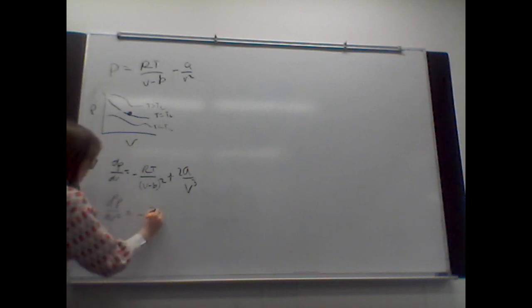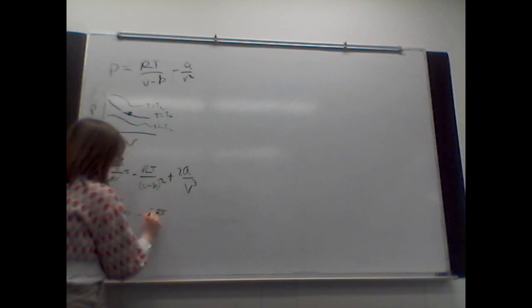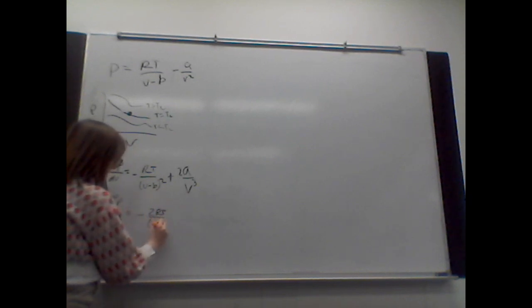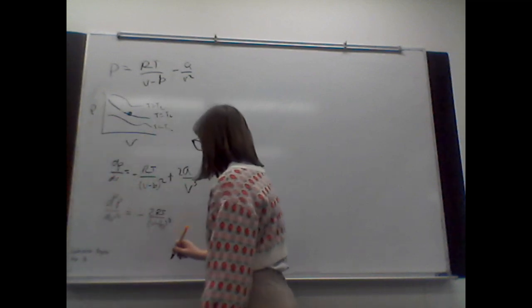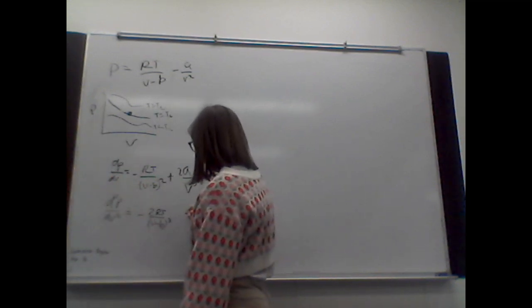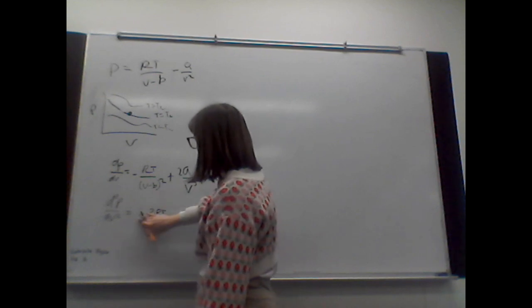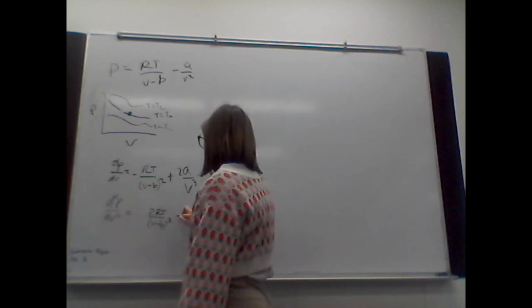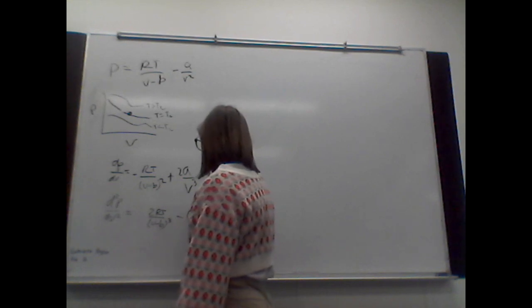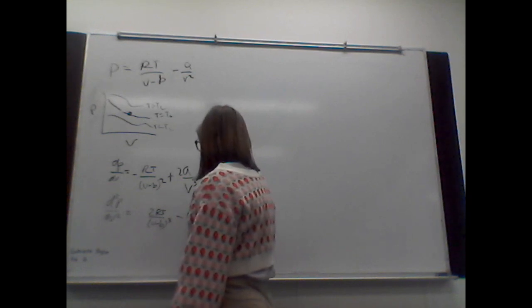So this should be negative: 2RT over V minus B to the third. And then on this side, that would be positive actually because that cancels out with that negative. And then this would be negative: 6A over V to the fourth.